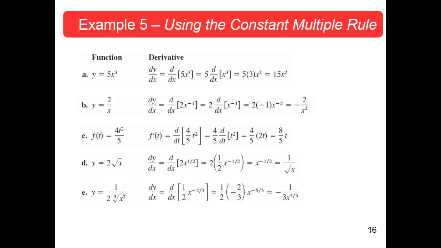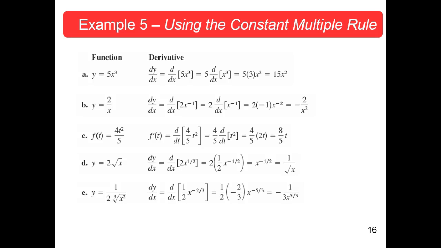There's a negative 1/3. Now what's your exponent? It's negative 2/3. Then subtract 1 from that, which is another 3/3. So negative 2/3 minus 3/3 is minus 5/3. So that would be negative 1/3 x to the minus 5/3.